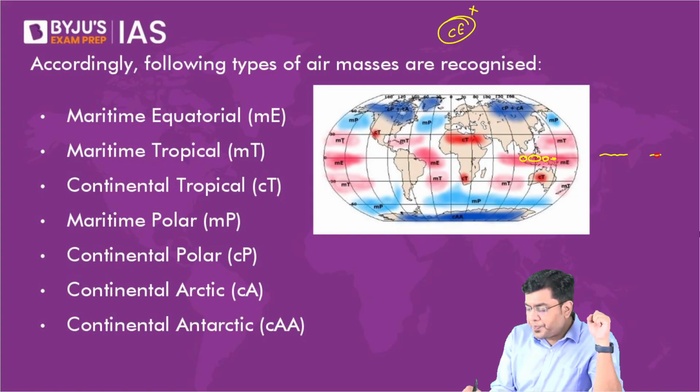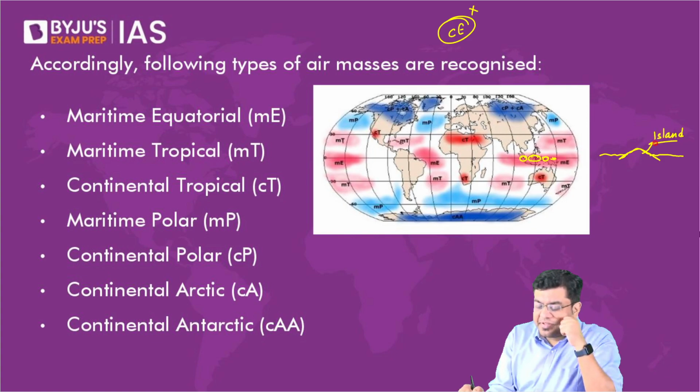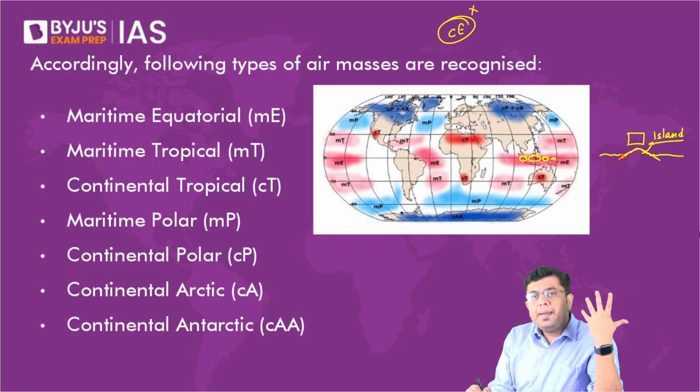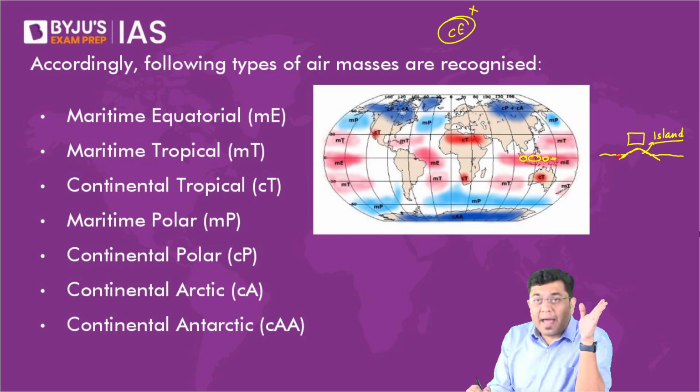But understand, when we talk about the region of South Asia and various different island regions, island regions will indicate what? Suppose this is an island of sorts. The island will also indicate a maritime property in terms of the air parcel and the behavior of air above it. Why? Because when we say a maritime air mass, why is it that we refer to an air mass as being maritime?